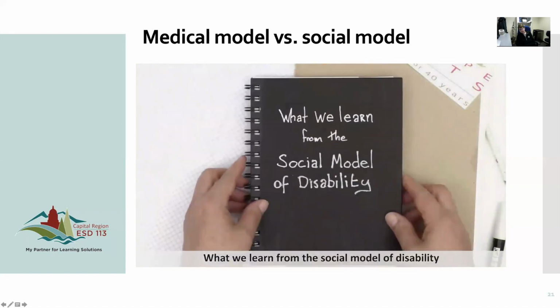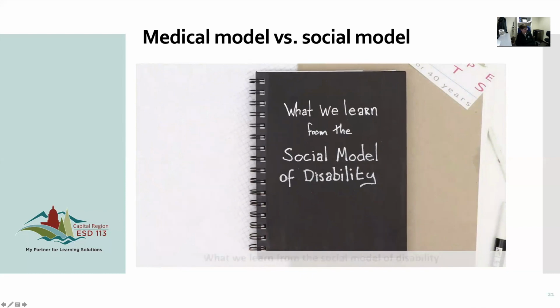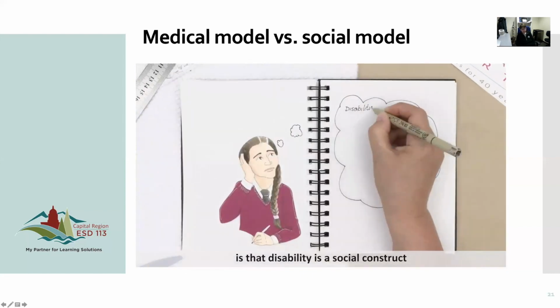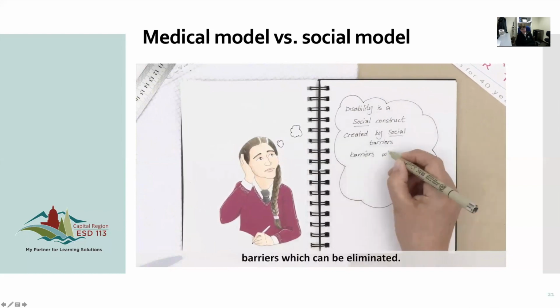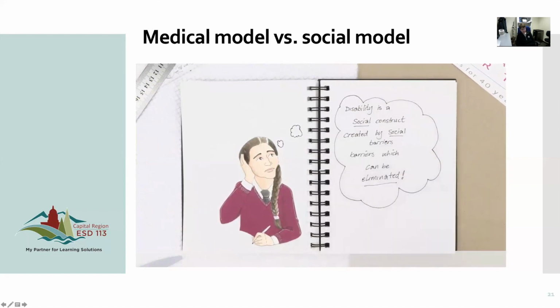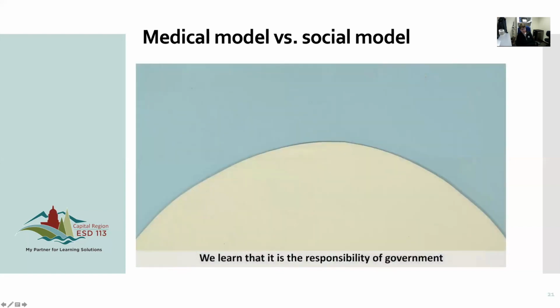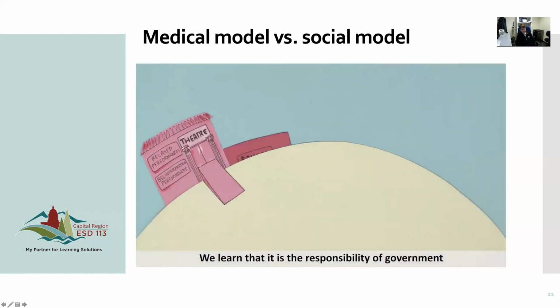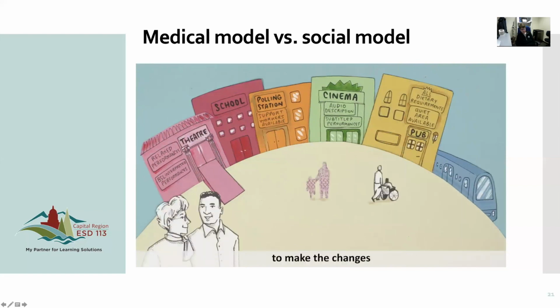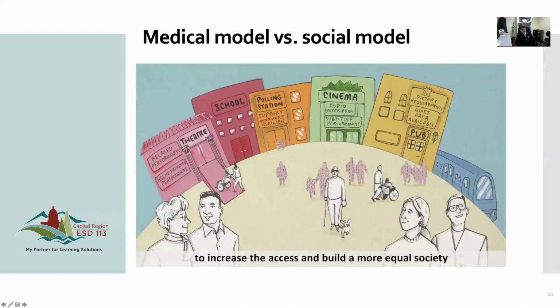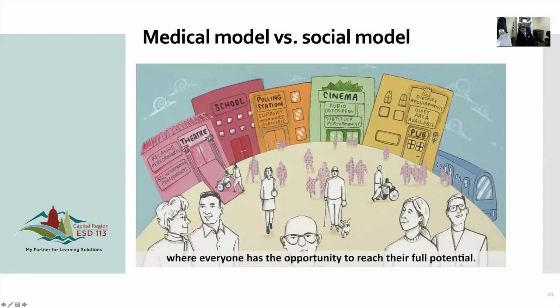What we learn from the social model of disability is that disability is a social construct created by social barriers, barriers which can be eliminated. We learn that it is the responsibility of government, public spaces, businesses, and individual people to make the changes, to increase the access, and build a more equal society where everyone has the opportunity to reach their full potential.